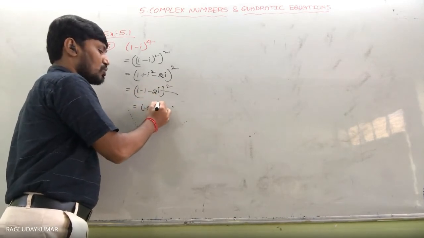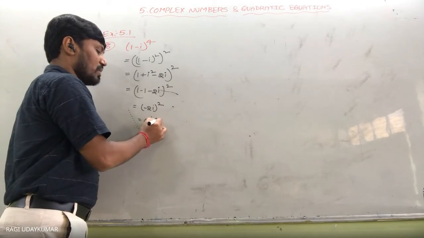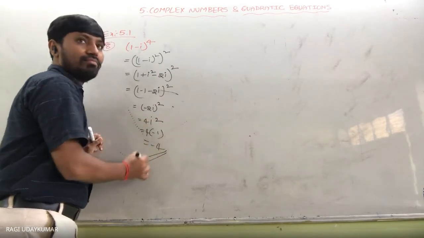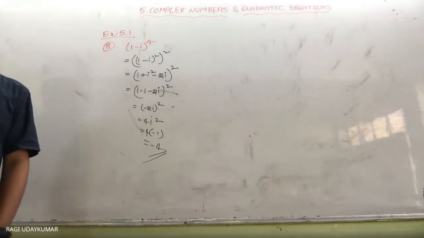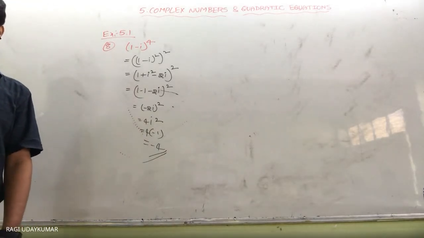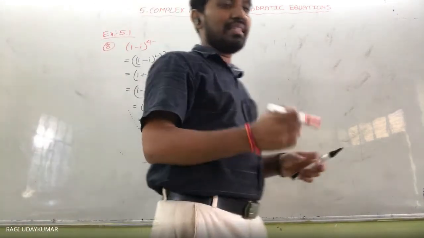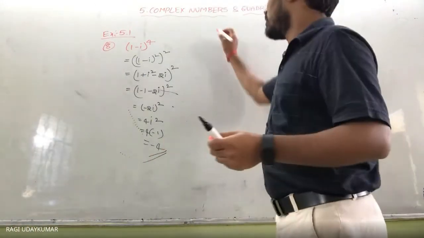Minus 2i whole square, 4i square. 4 into minus 1, which is equals to minus 4.